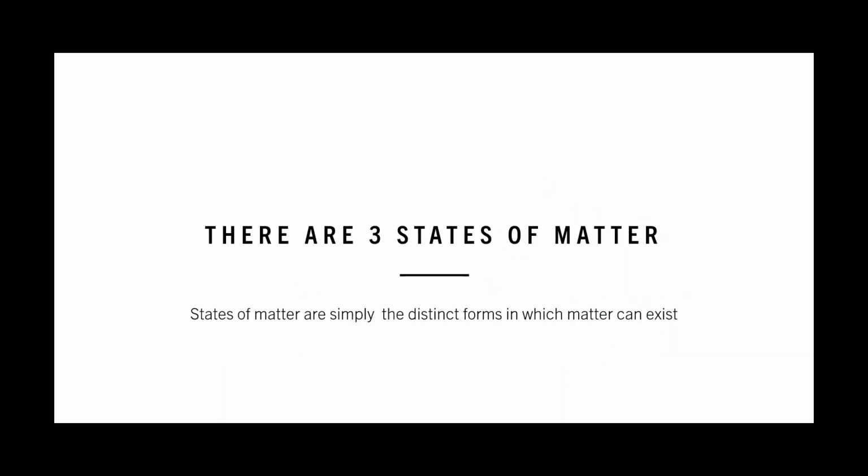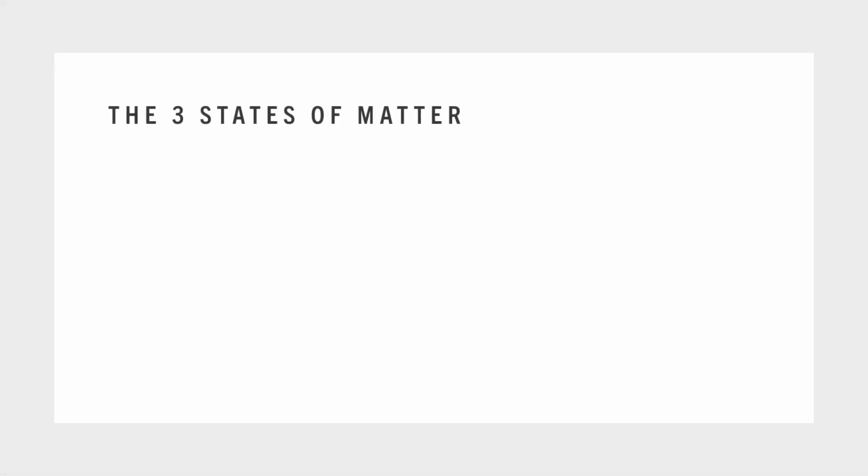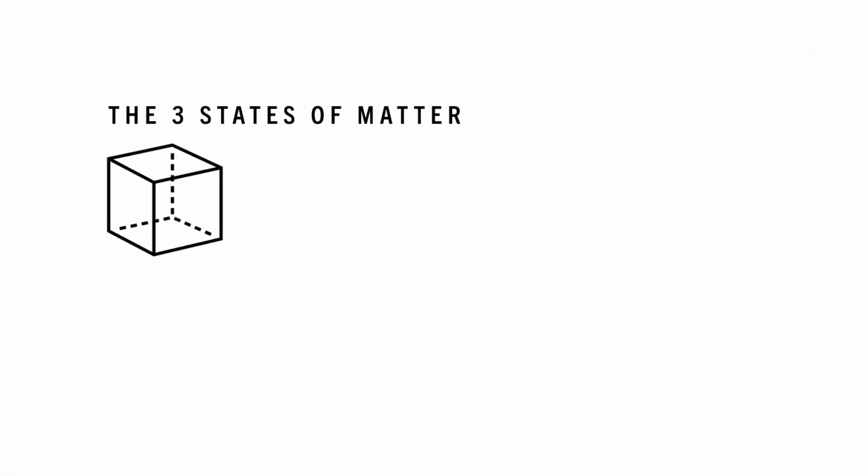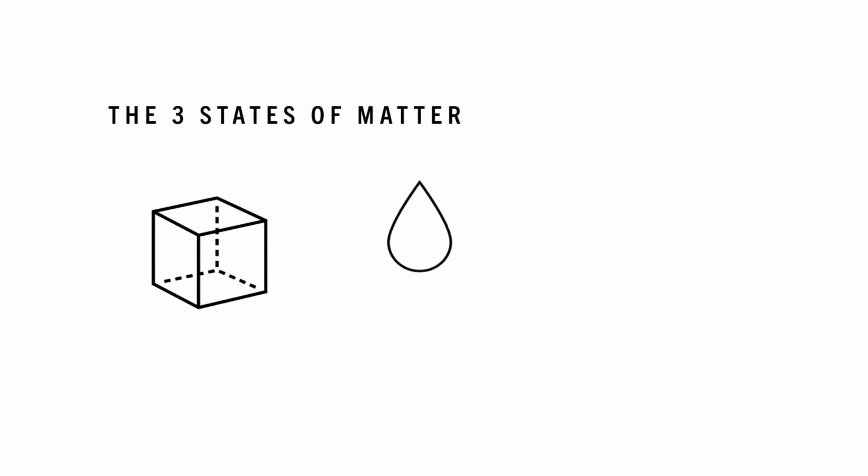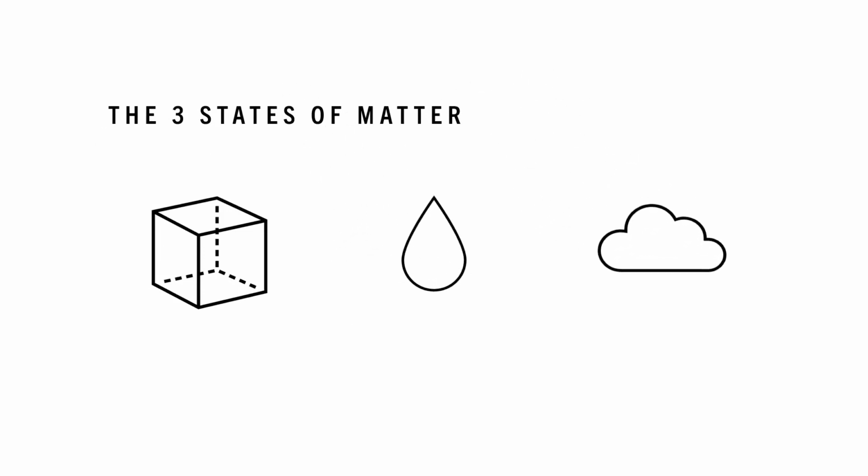There are three states of matter. States of matter are simply the distinct forms in which matter can exist. Now, let's see what I mean by that. So here we have these three different states. I'm going to give you a moment to figure out for yourselves what you would call each one of these.